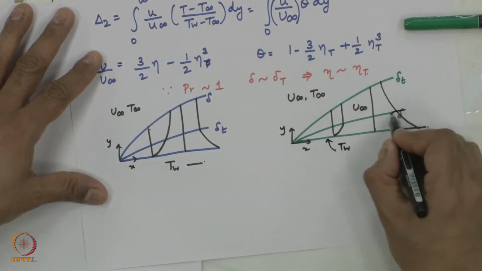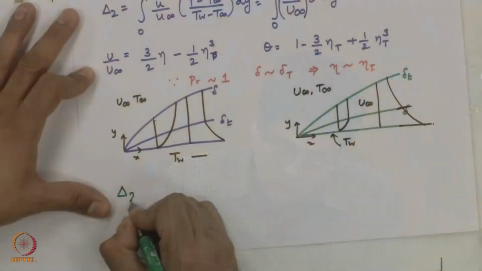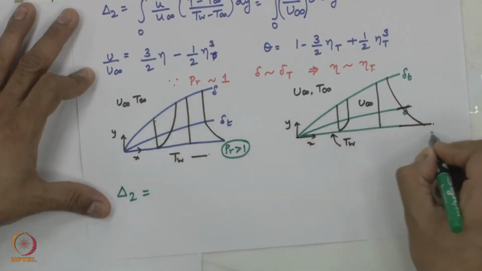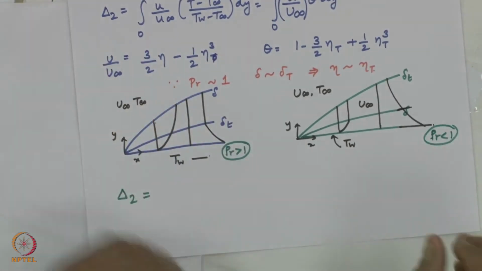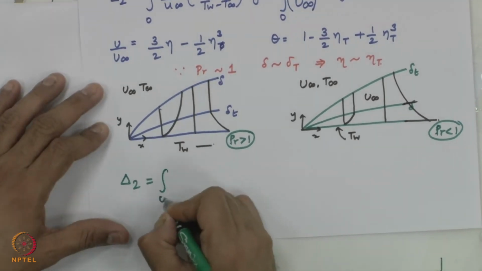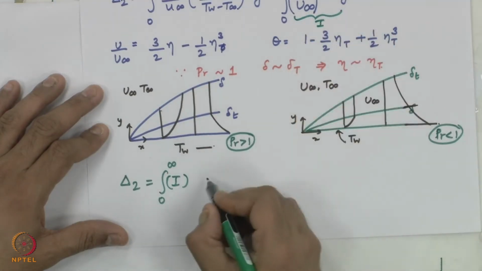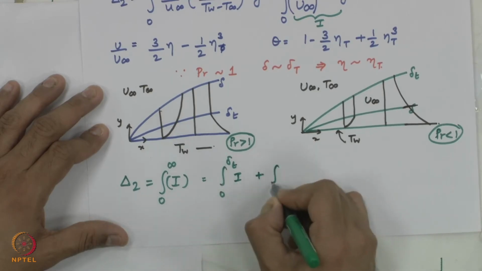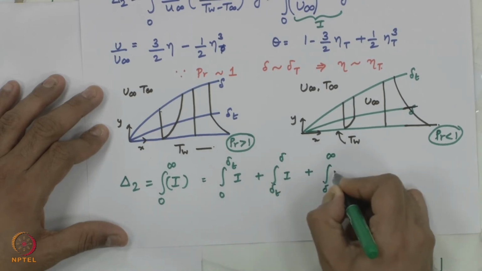So, what I want to emphasize here is, whatever be the Prandtl number, the integrand for delta 2 is going to be split. This is Pr greater than 1. This is Pr less than 1. Our case is Pr equal to 1. So, when I split this integrand from 0 to infinity, I just call this I. This has to be split from 0 to delta t integrand plus delta t to delta of the integrand plus delta to infinity.